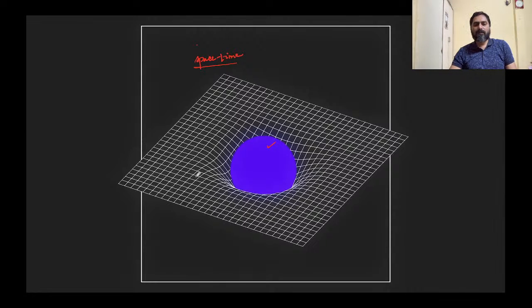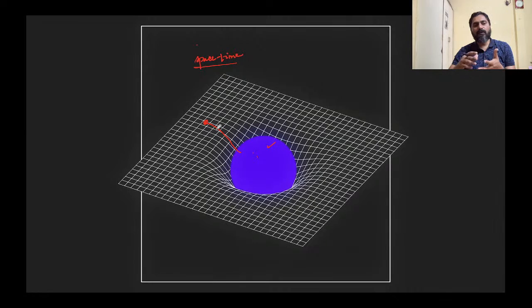Because of this warping, if you take a small metal ball and leave it, it will move towards the larger ball. Newton said that there is a force of attraction between the objects, but Einstein says that the objects come closer not because of a force of attraction, but because of the shape of the space-time matrix itself.